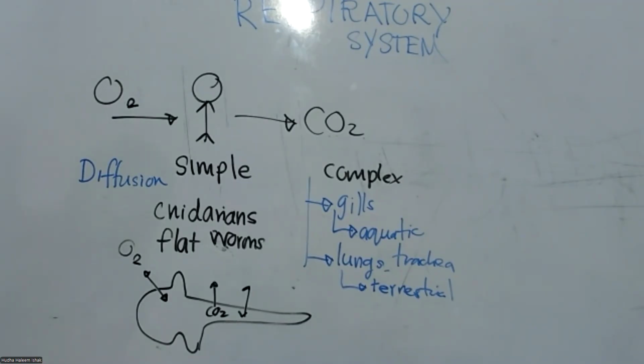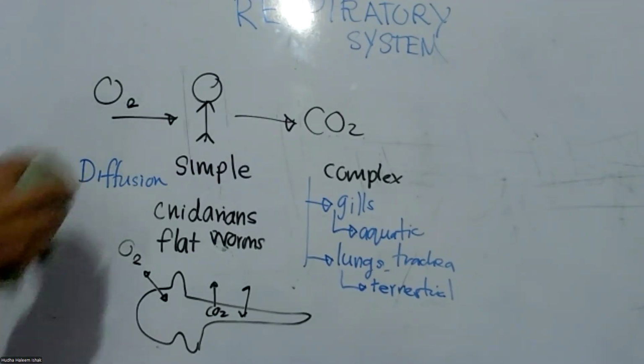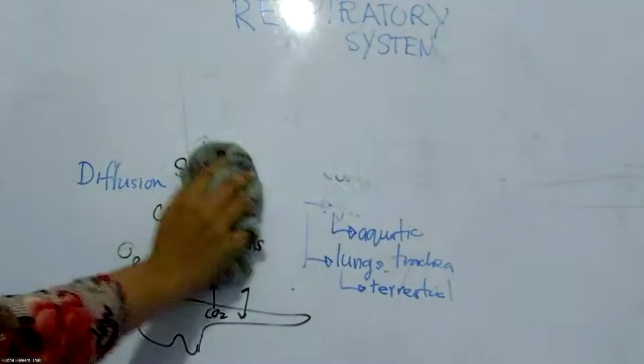After that, these respiratory structures are supposed to have four main characters. These respiratory surfaces are supposed to have different characters for efficient gas exchange. So let's see what characters these respiratory surfaces are supposed to have.